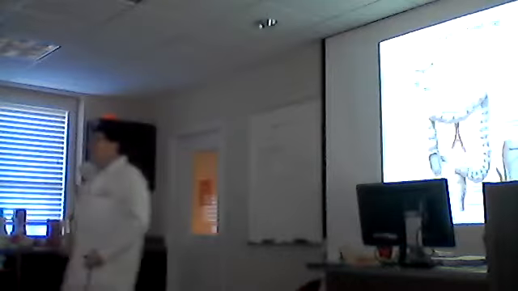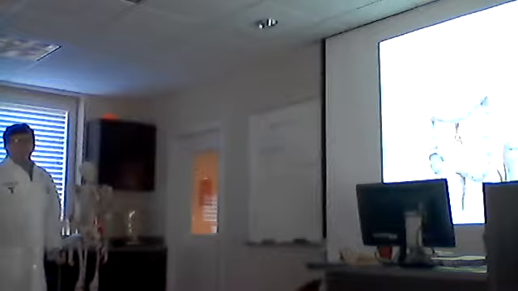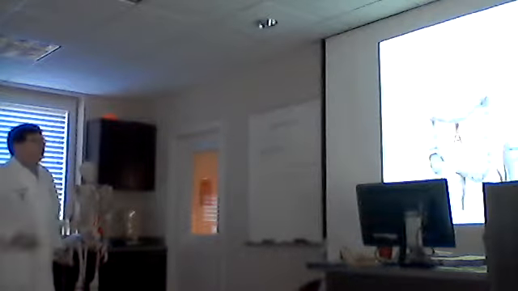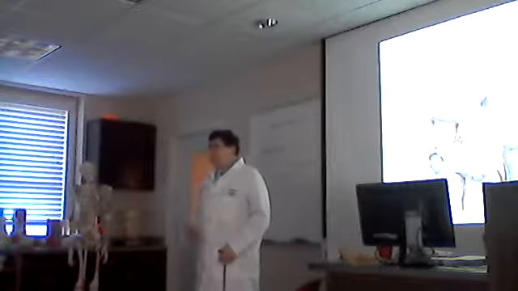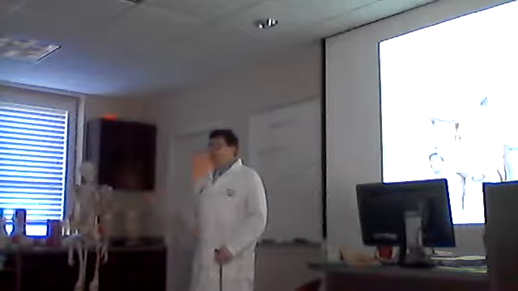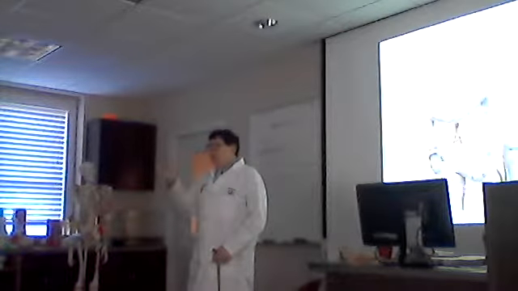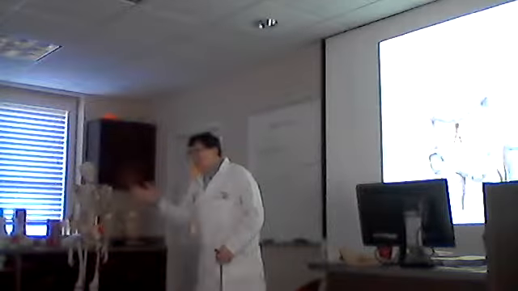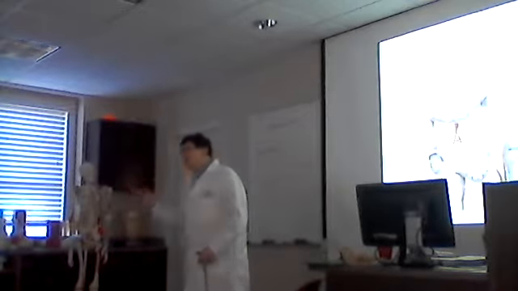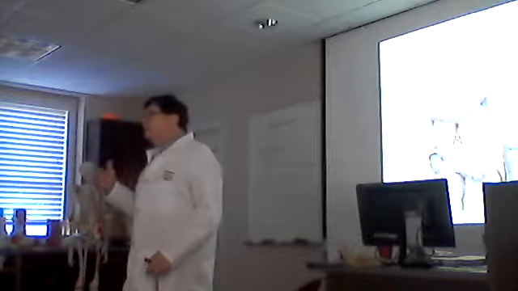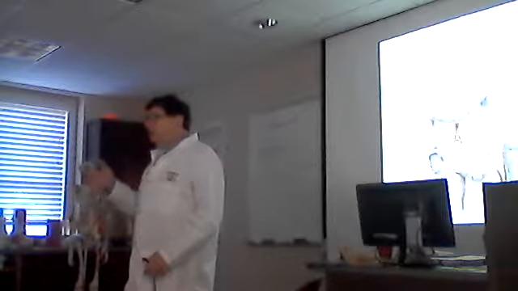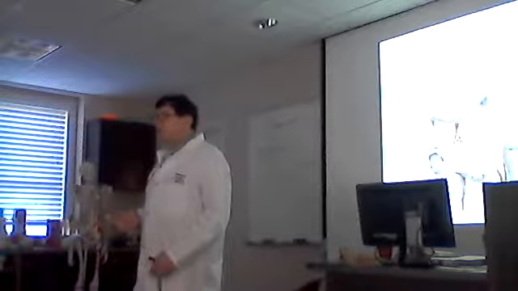A second major difference between large and small is that remember that you have 4 different layers within the wall: mucosa, submucosa, muscularis externa, and then the serosa or connective tissue. Well, the large intestine has a typical muscularis externa with an inner circular and an outer longitudinal layer.